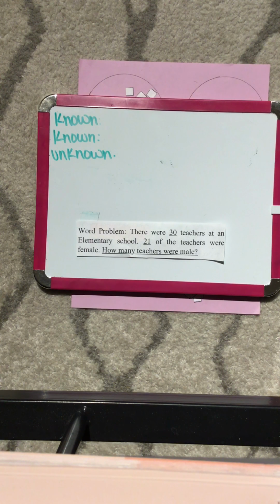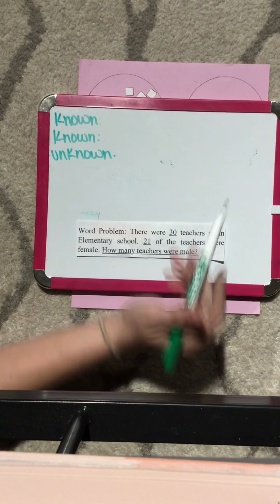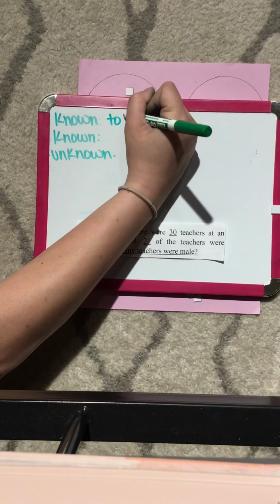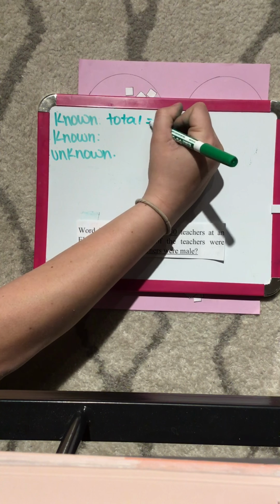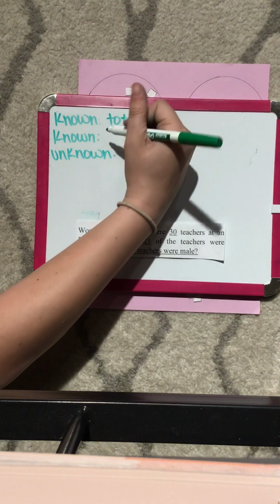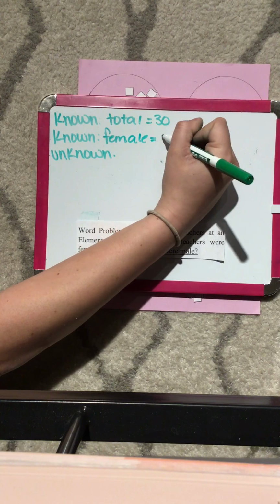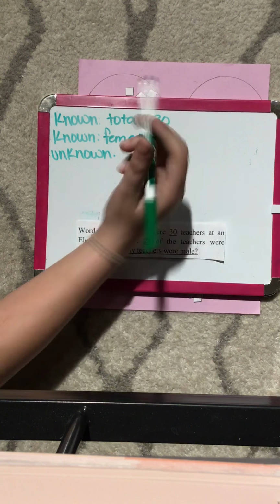Once again, we are going to pull out what we know. We know that the total amount of teachers at the elementary school were 30. We also know that 21 of those teachers were female. What we don't know is how many of the teachers were male.